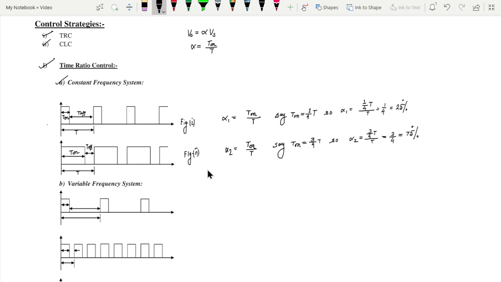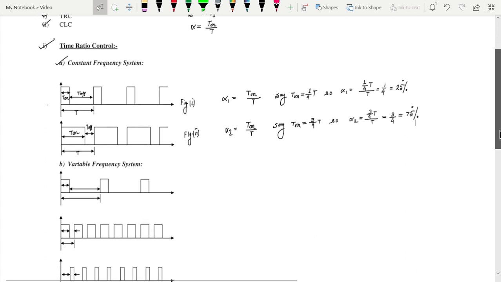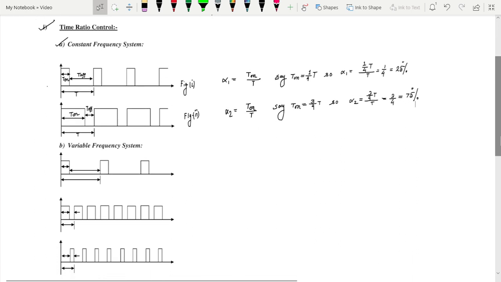Next one, in case of variable frequency, this was for constant frequency. Now for B, this is also the case of time ratio control, but here variable frequency. So suppose this is for figure 3 and this is for figure 4.